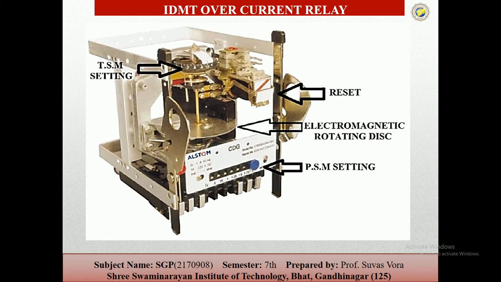If the relay is rated at 1 ampere, the normal pickup current of the relay is 1 ampere, and it should be equal to the secondary rated current of the current transformer connected to the relay.